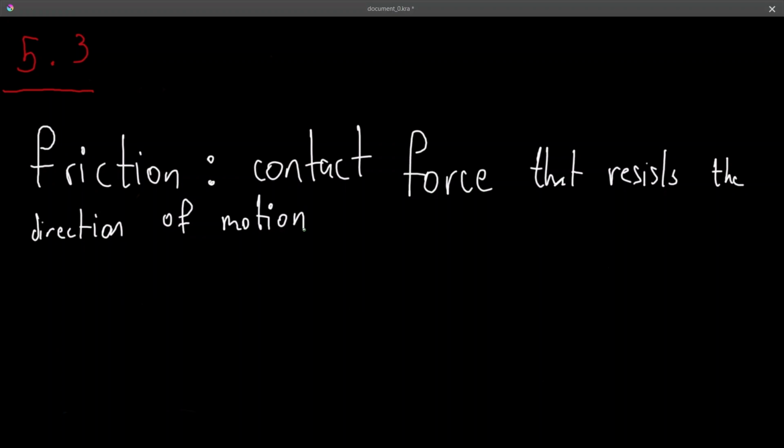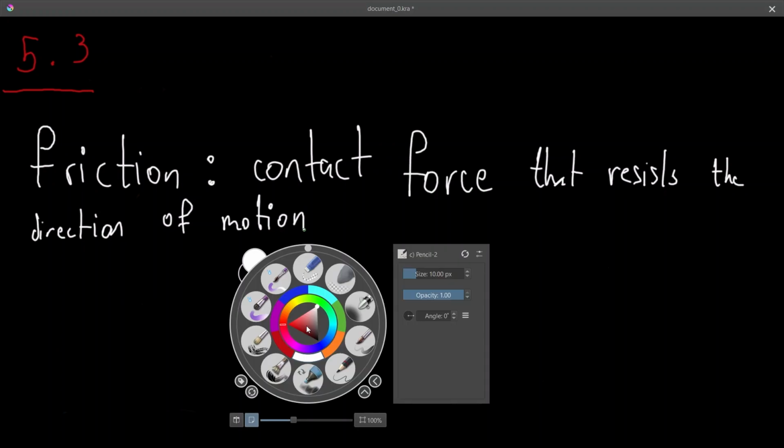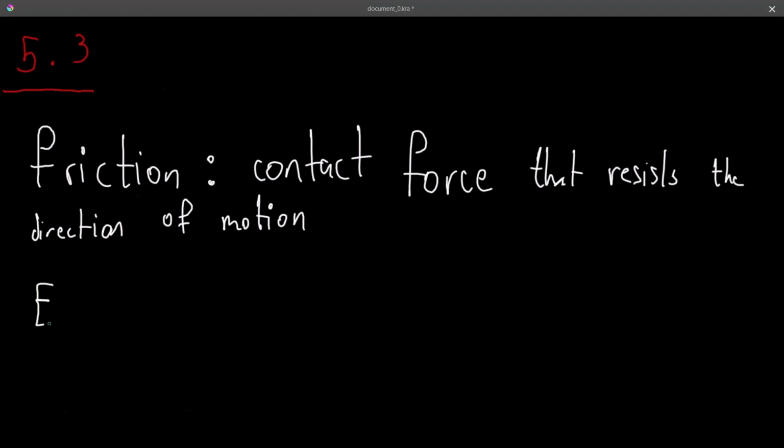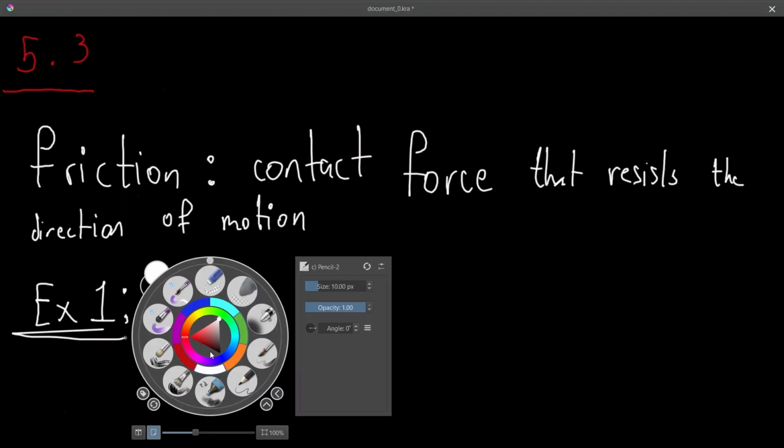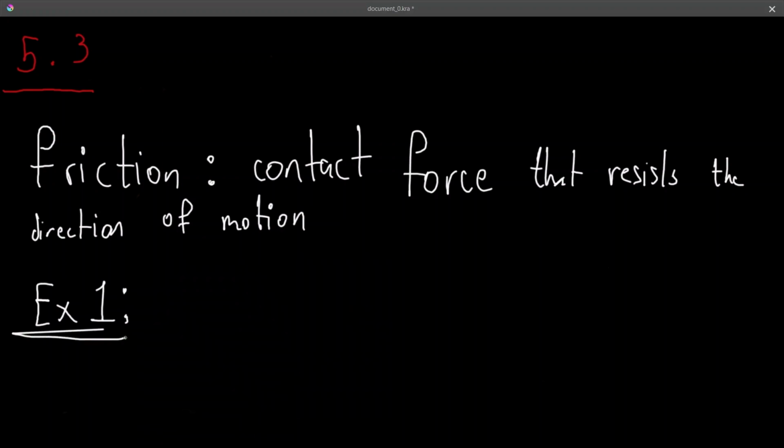So if the direction of motion, I'll give you an example. Example 1, right? So if the motion of an object, say this is your box, and you pushed on this box with a force F push, right?